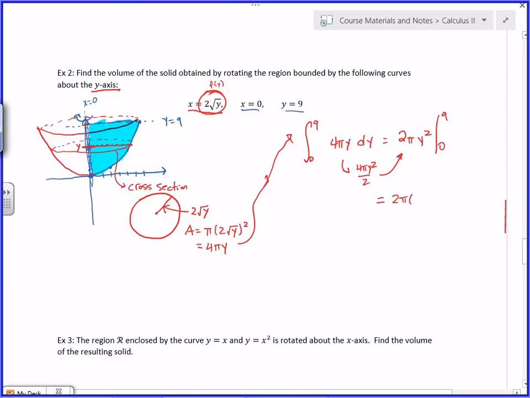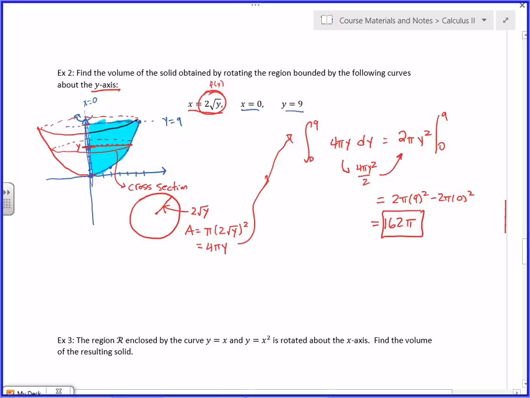So 2 pi 9 squared minus 2 pi 0 squared. 81 times 2, 162 pi, minus 0, so the volume is 162 pi. Okay? Does the procedure make sense?